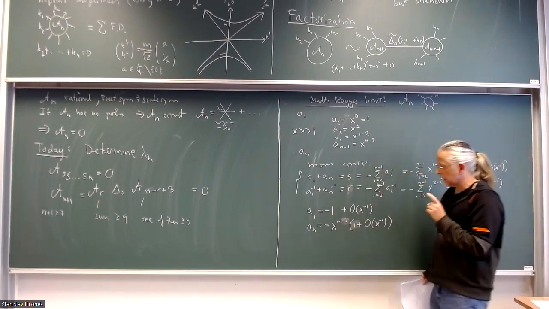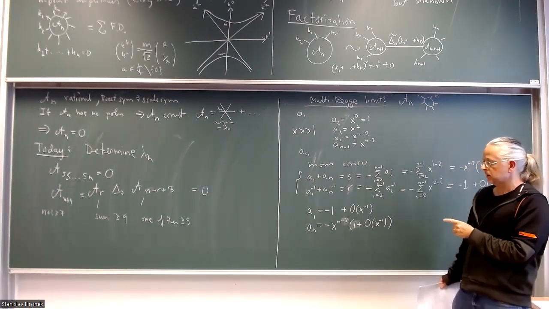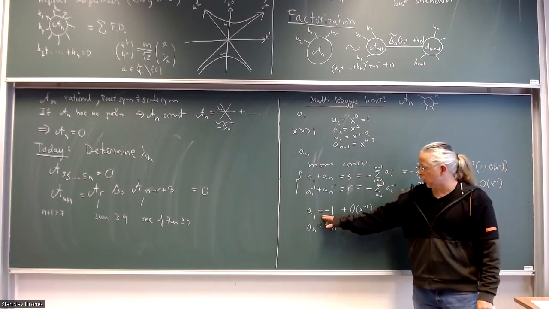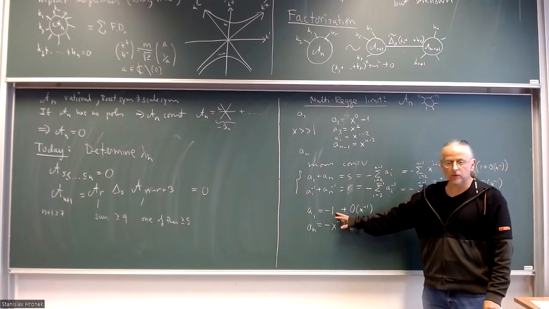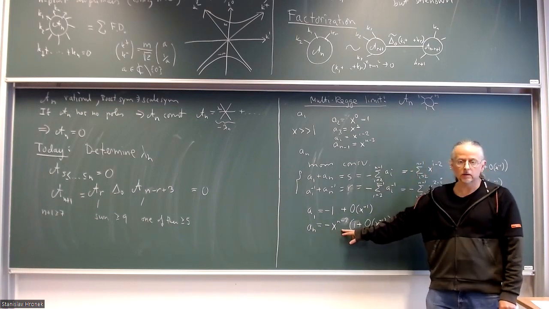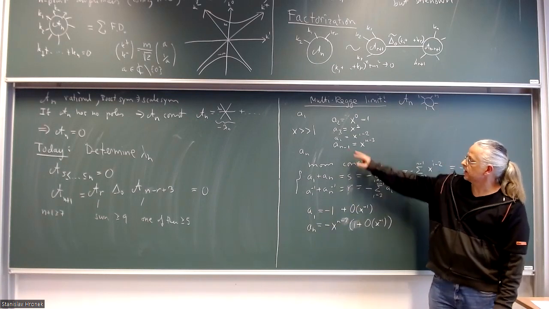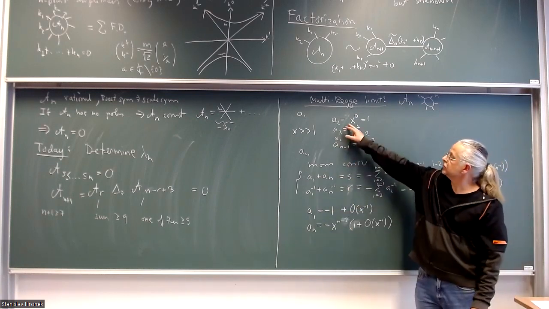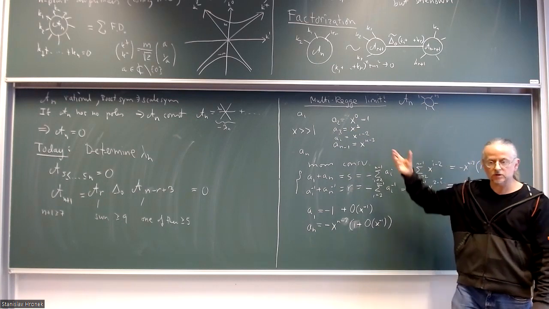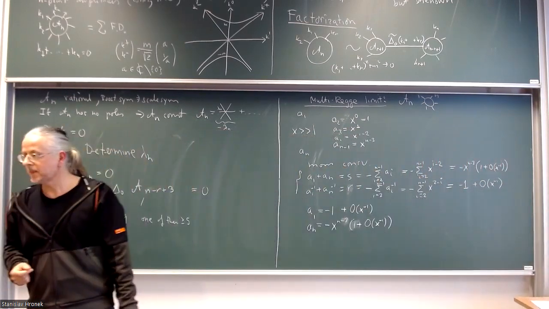And now you see that there are two branches, and I have chosen that I will always demand A1 to be -1, the -1 branch, and AN to be the big one here. So you see AN is very close to A(N-1), and A1 is very close to A2, just with opposite sign. Make sense?